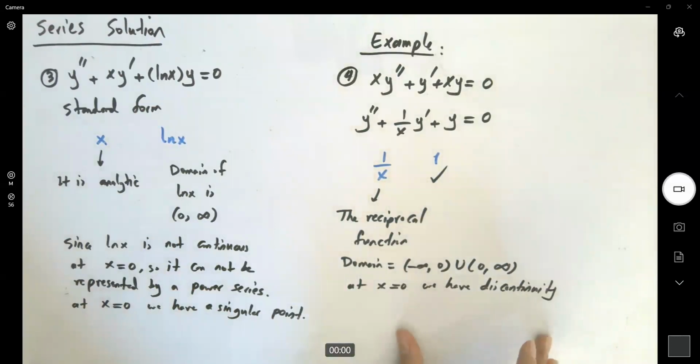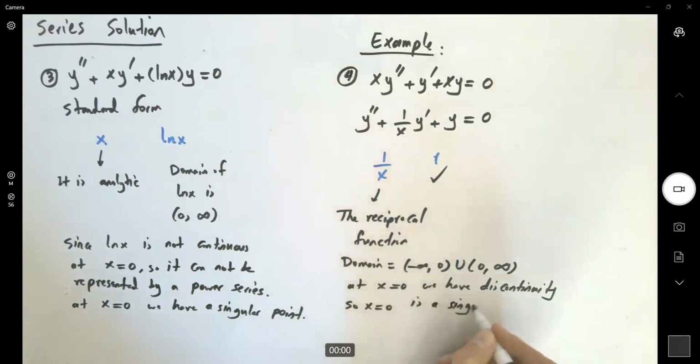So it means that it cannot be represented by a power series around this point. So x equal to 0 is a singular point. Later on, we're going to divide up the singular points into regular and irregular points.